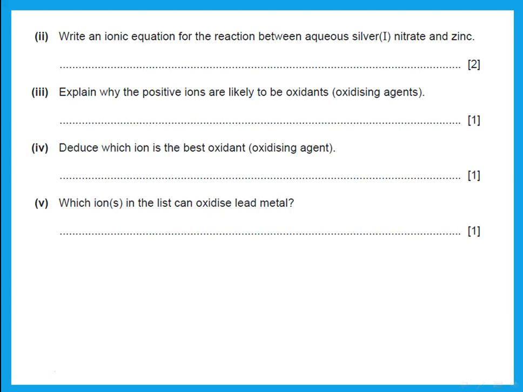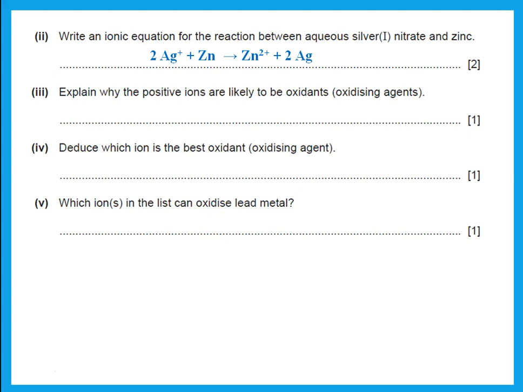Do you remember how to write ionic equations? This is the ionic equation where the nitrates are common, found before and after the arrow, so we're going to cancel these. The zinc and the silver are solid, so you don't ionize them. I hope you remember how to write ionic equations.